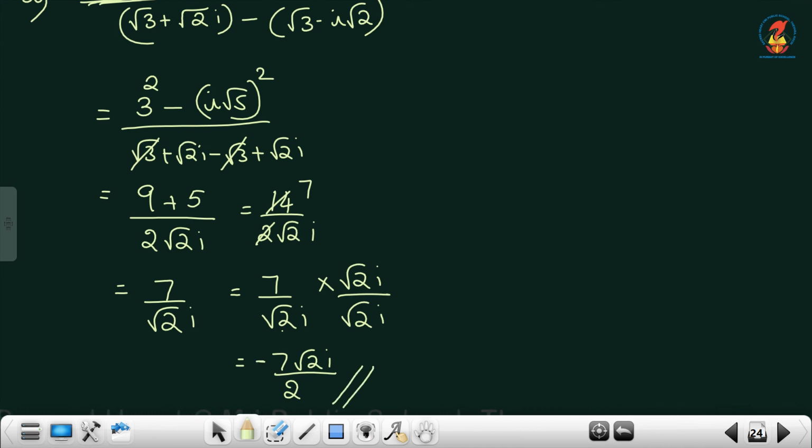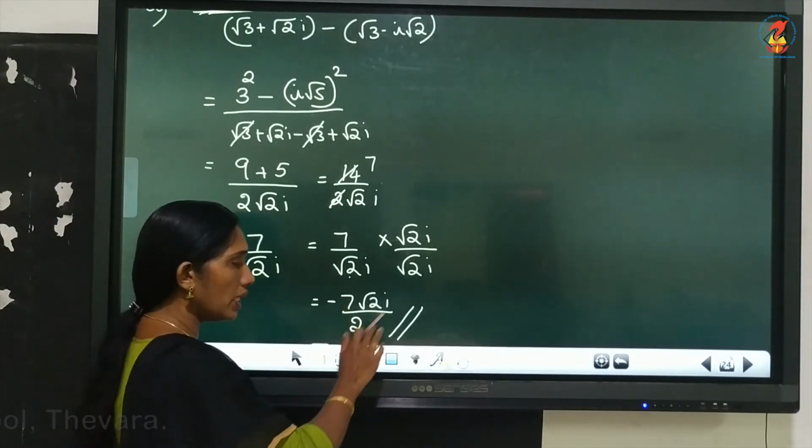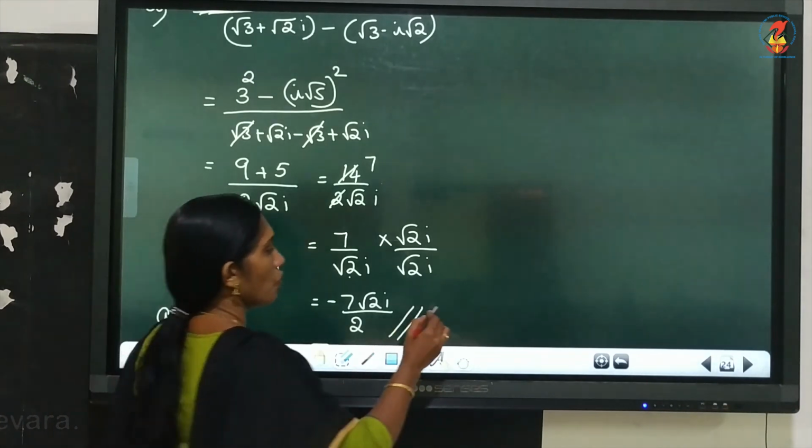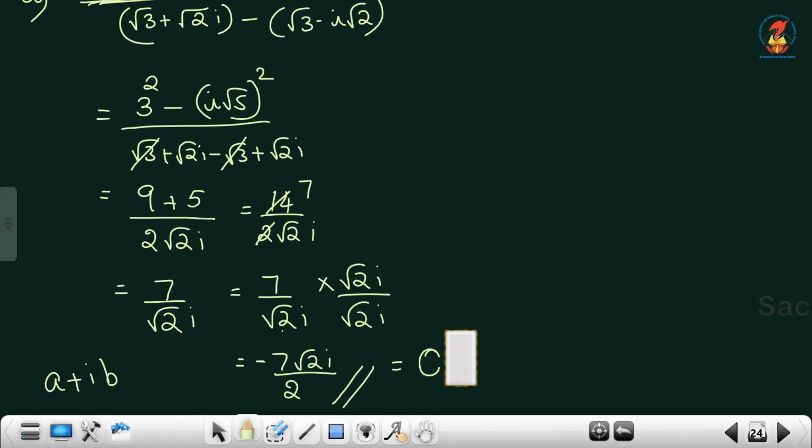So this is the answer, minus 7 root 2i by 2. But we have to write in the form, what is the question? Write in the form a plus ib. So this is only the imaginary part, no real part. So how do we write? Real part is 0, so 0 minus 7 root 2 by 2 i.